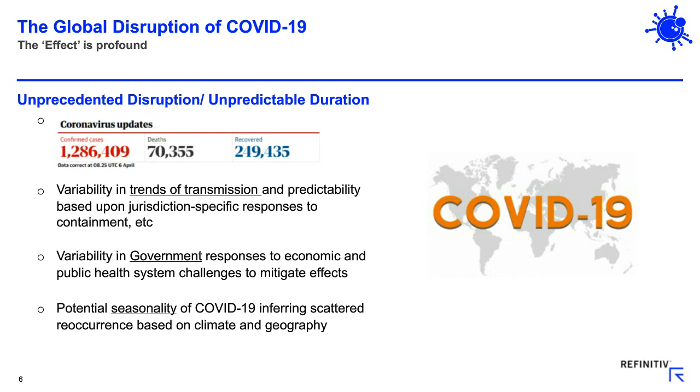The unpredictability of COVID means we see variability in the trends of transmission, with different locational approaches and responses. These responses even vary between governments around the world, whether on the economic conditions, on the public health system, and also how they're mitigating those risks that are particular to each country or each state, and how they're looking to flatten the curve.